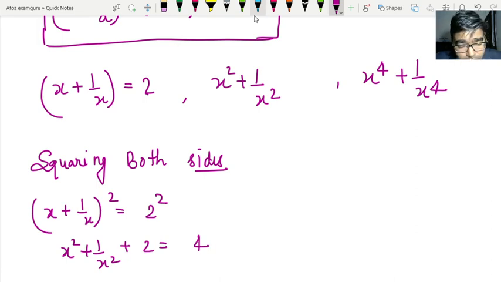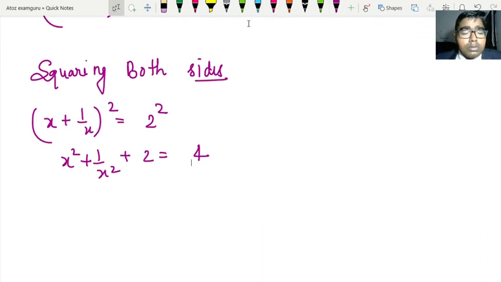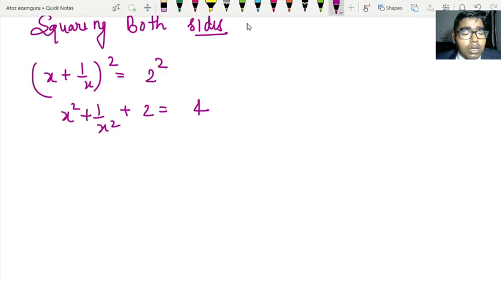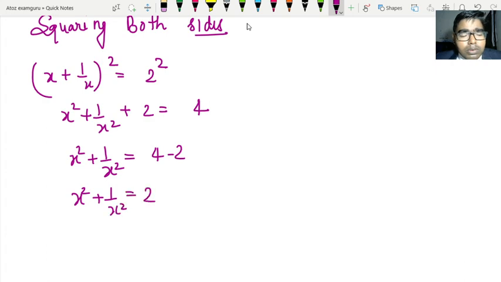If you transfer the 2 to the other side, then it will become x² + 1/x² = 4 - 2. This will give you x² + 1/x² = 2, right friends? So let us call this equation number 1, and you have got the first solution.